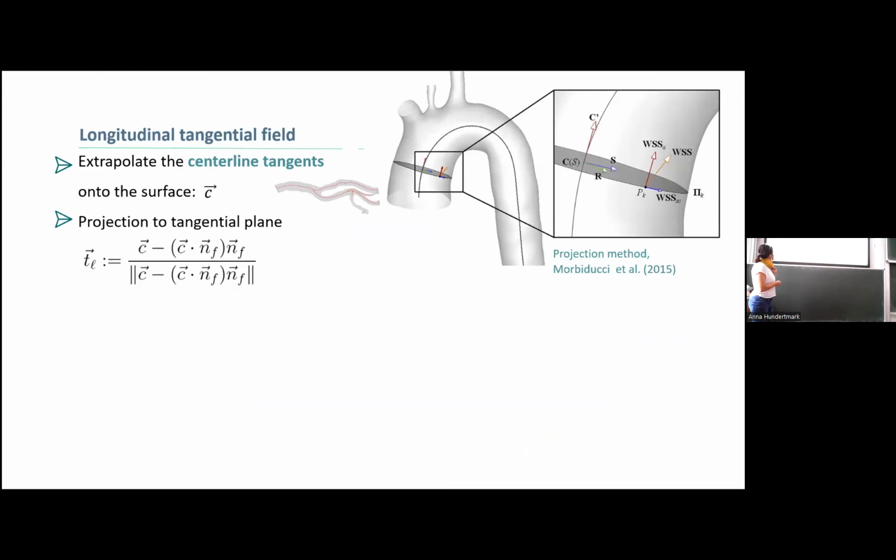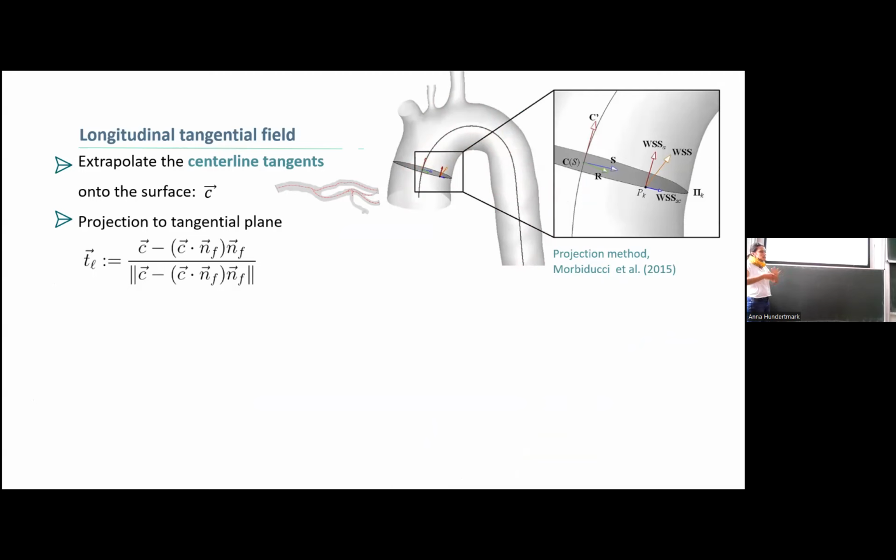The question is how to construct this T_L vector field, this longitudinal vector field. And we borrowed the projection method of Montelucci and some coauthors. They applied it for the aorta. Here is the center line of the aorta, and we have the center line and the center line tangent. I mean, this is the tangent field aligned with the center line.